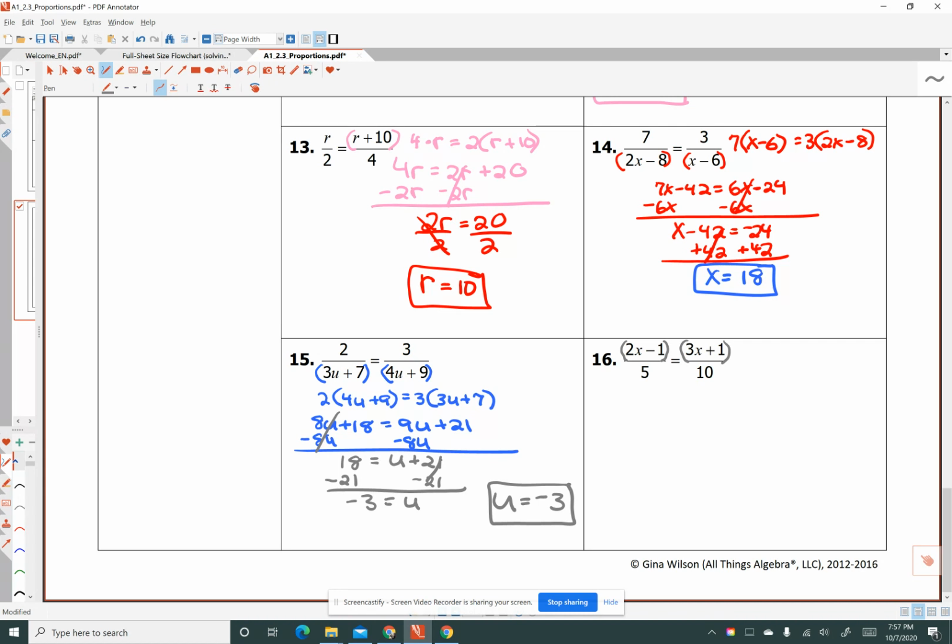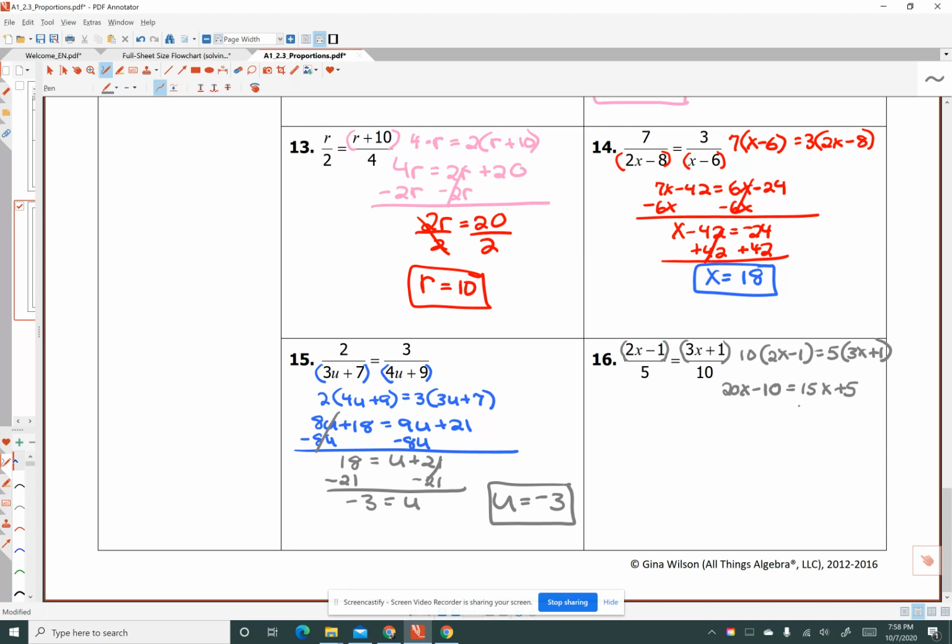Okay, last problem. You've worked very hard today. Super proud of you. 10 times the quantity of 2x minus 1 equals 5 times the quantity of 3x plus 1. So after we distribute, we have 20x minus 10 equals 15x plus 5.